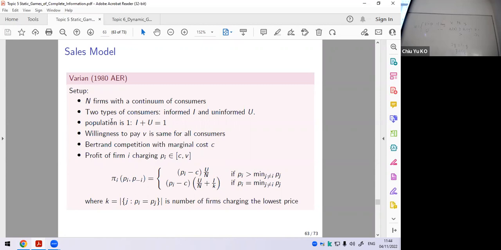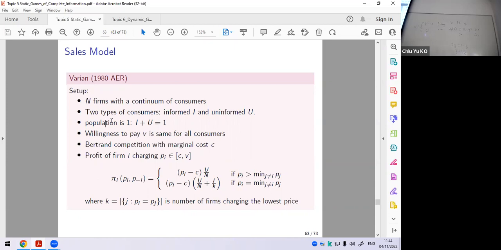Charging beyond V, no one will buy it, so it doesn't make a difference. So let's focus on this case. Is that clear?